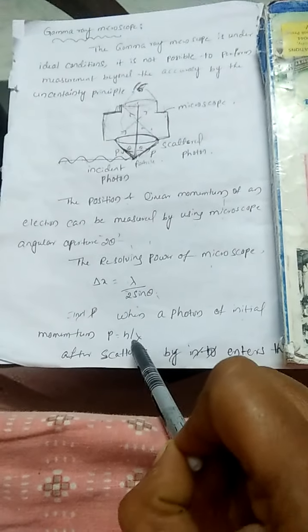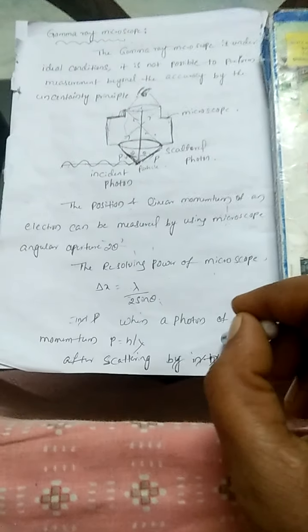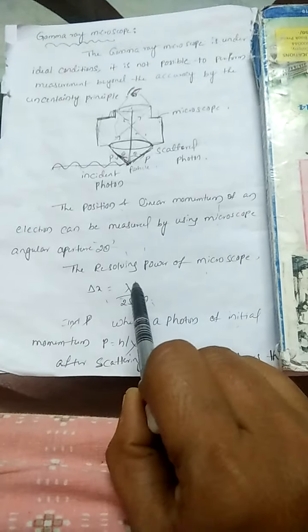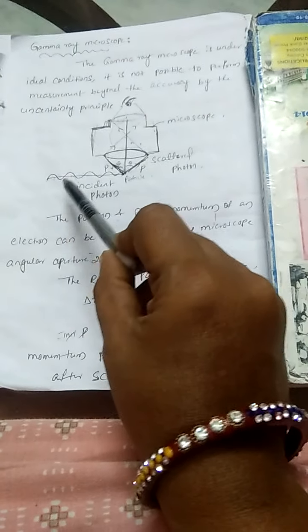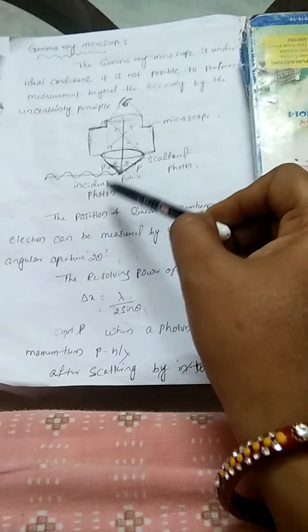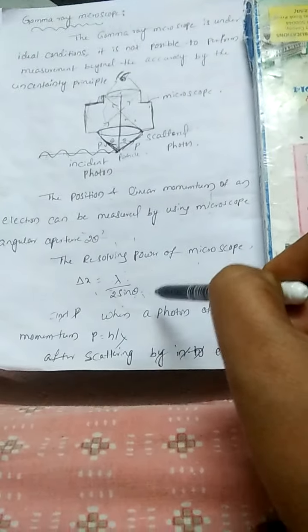Here lambda is the wavelength of the photon incident on the electron, and theta is the scattering angle, so we multiply with 2 sin theta.